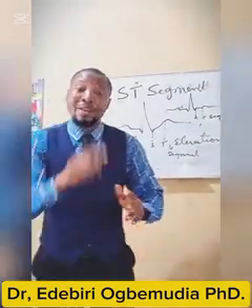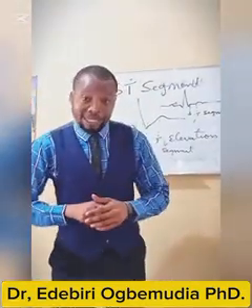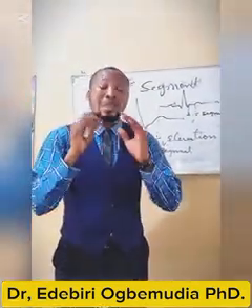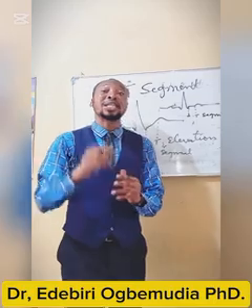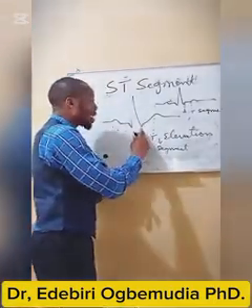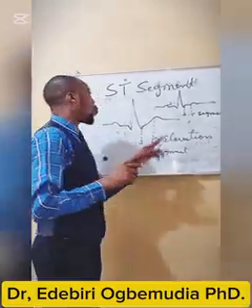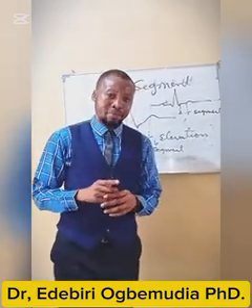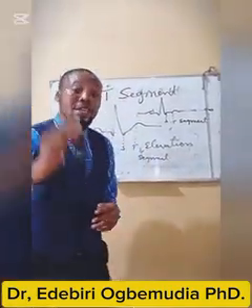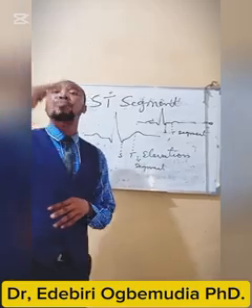ST segment can be elevated in ischemic heart disease. When an individual is presenting with ischemia, the ST segment can get elevated. Equally, when an individual is presenting with hyperkalemia, that means an increase in the level of potassium, the ST segment can equally be elevated.